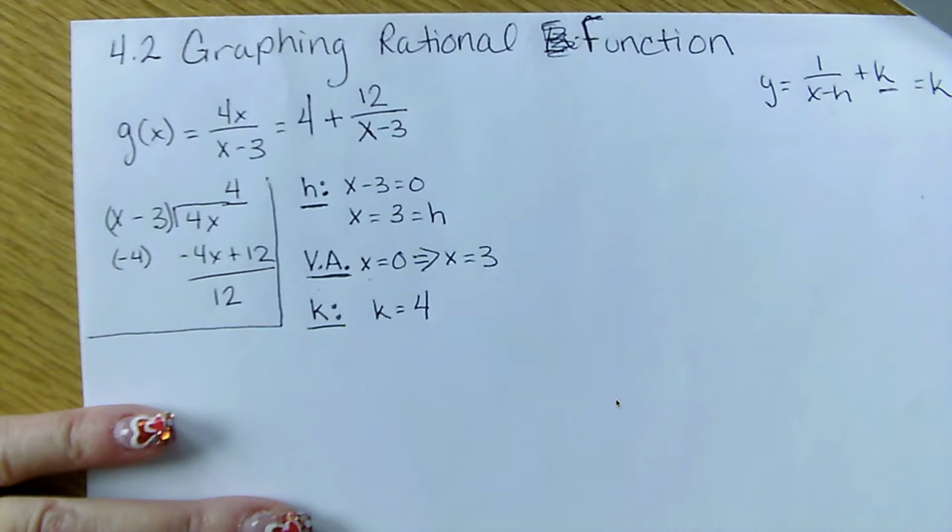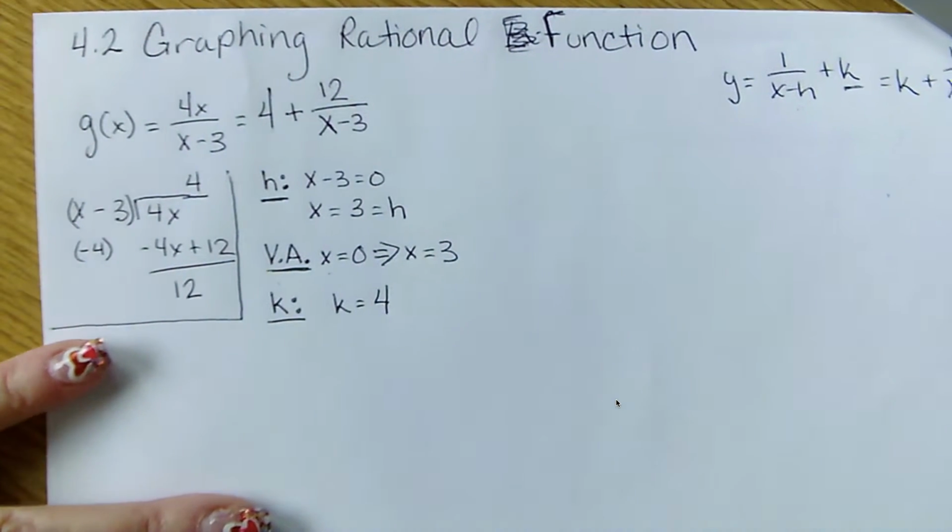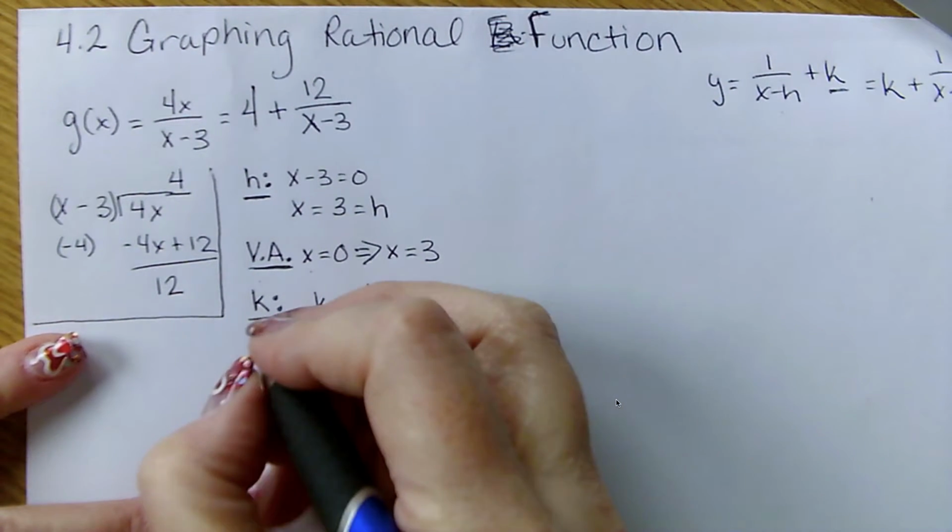Does it matter whether it goes in the front or the back? No. I think it looks weird to have a +4 after a fraction. Don't you? Okay, what does k give me? My horizontal asymptote.